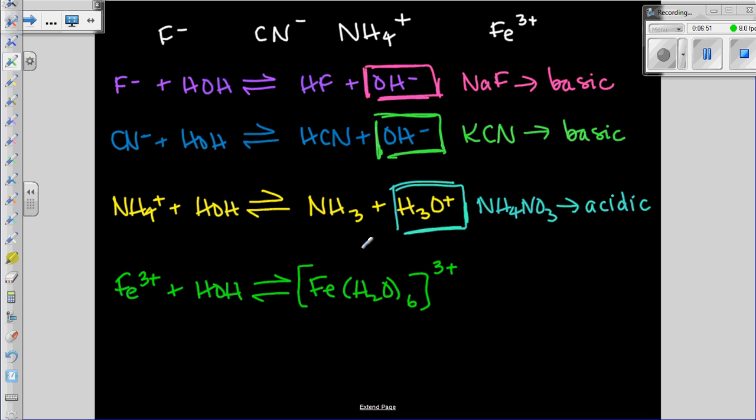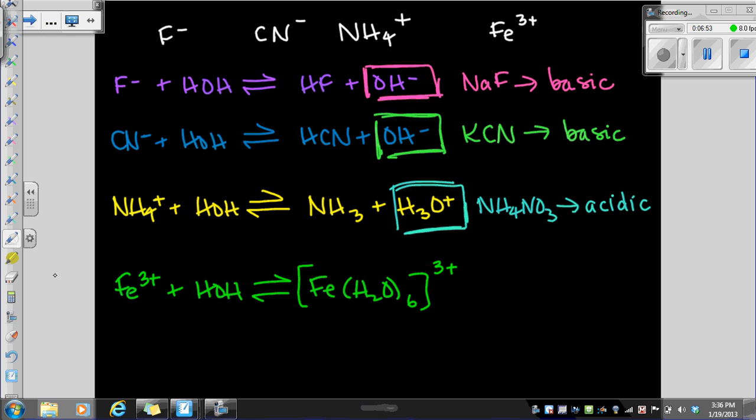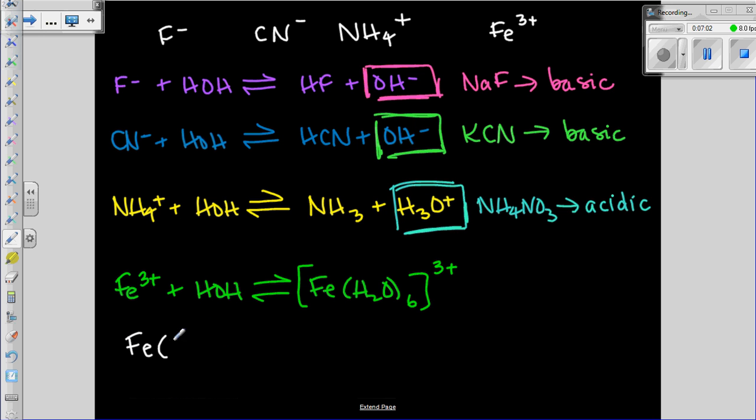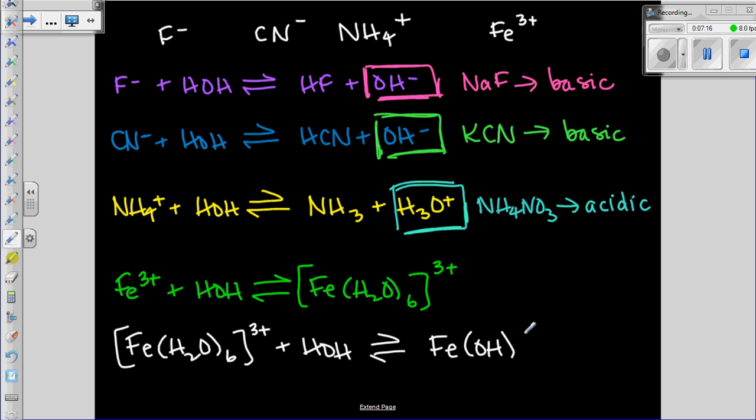Now, this ion is what will react with water. So you'll have your complex ion, which is further reacting with the water that's present to give you hydroxide ion, which is what's left over after this ion donates a proton.